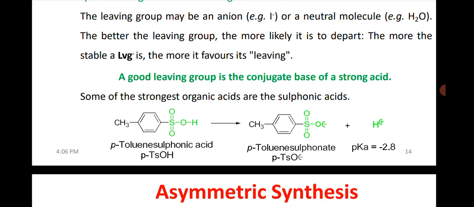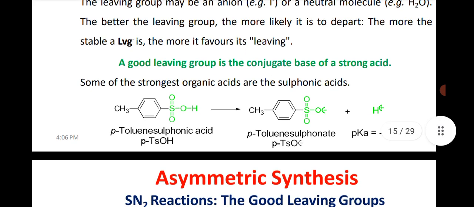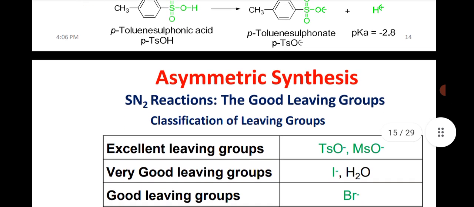Some of the strongest organic acids are the sulfonic acids. Okay, here we have the sulfonic acid. Its conjugate base is p-toluene sulfonate, plus it is giving us an H positive ion. Consider it, and we will move toward the next slide.